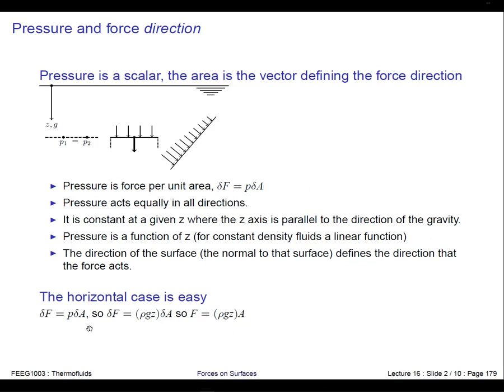This is my definition for an elemental force in terms of the pressure at that point multiplied by that elemental area. If we wanted to do the integral, P is equal to rho g z, and P doesn't depend on the area because z is always constant. So if we integrate this equation, the force is just the pressure on this plate multiplied by the total area.